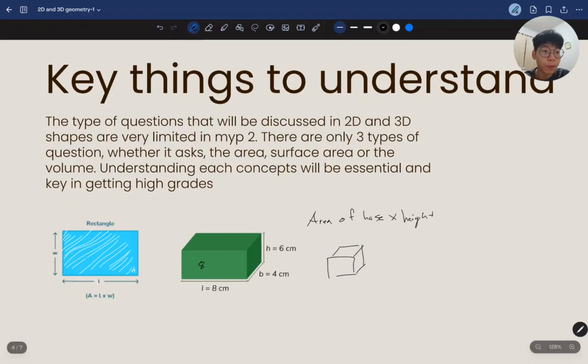The volume means how much you can contain inside of it. If this is 6, 6, and 6, it would be 6 times 6 being 36, and this layer being 6 centimeters, times 6, 216. Just like that, we can find the volume.